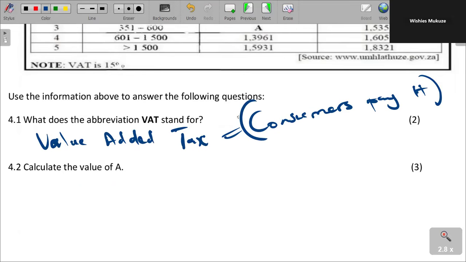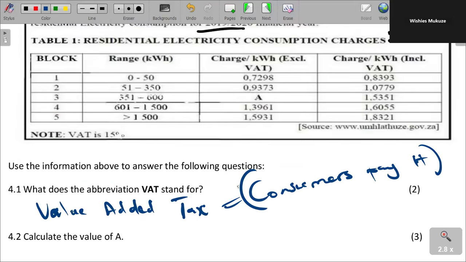So the next question wants us to calculate the value of A. Calculate the value of A, which is given here, the charges in kilo.